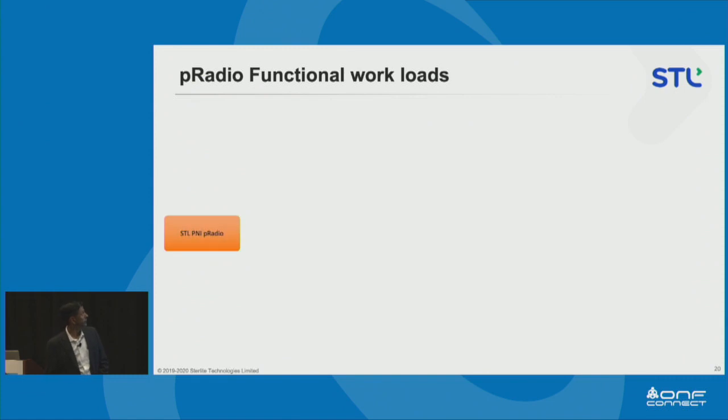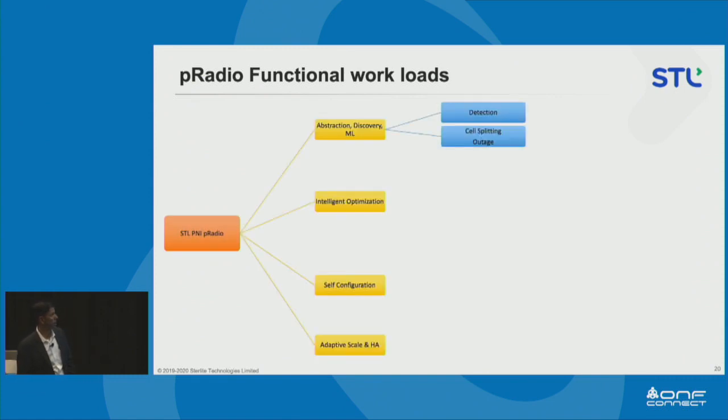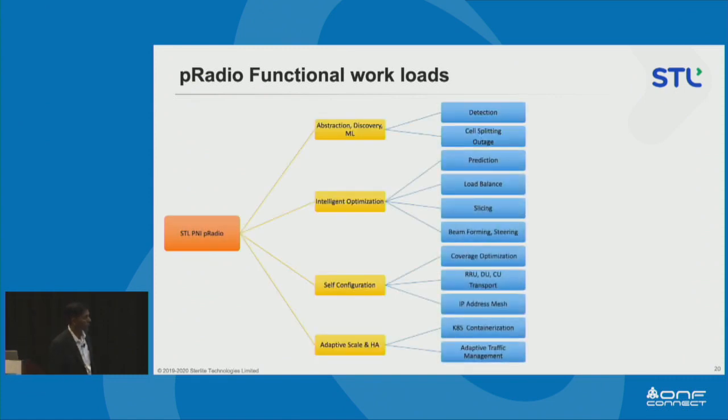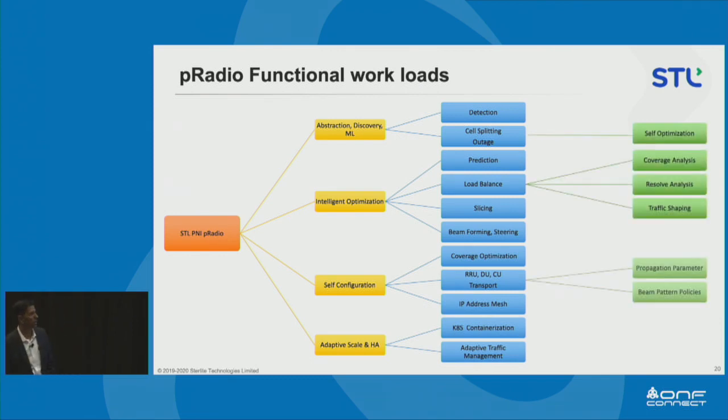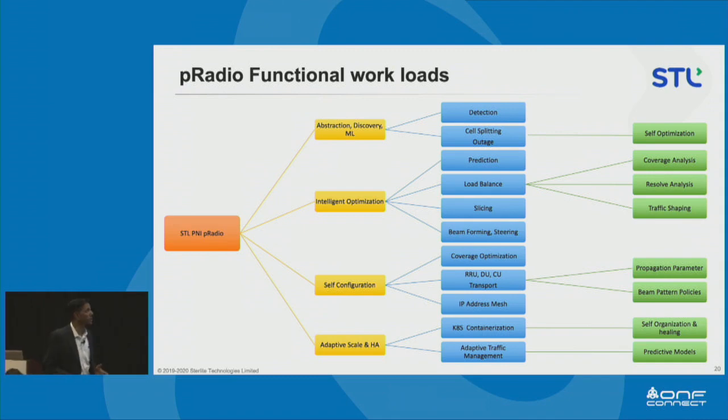Okay, so what this tree gives information on is, from a functional perspective, we want to break down each of the key features into sub-functions, and then those sub-functions can be implemented in a microservice-based architecture.